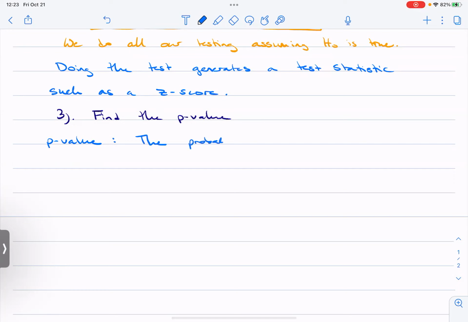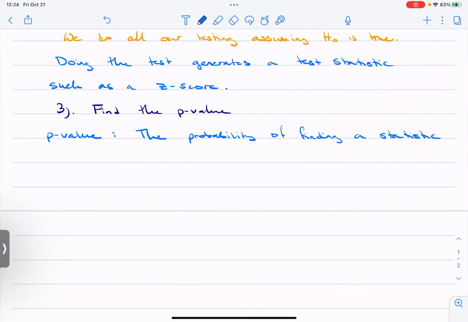So it's the probability of finding a statistic. Right, let's be specific here. Remembering that a statistic is any information that you've calculated from a sample, right? That's from way back. And a parameter is the same thing, but for the population, because we're going to be using those differences quite a lot.